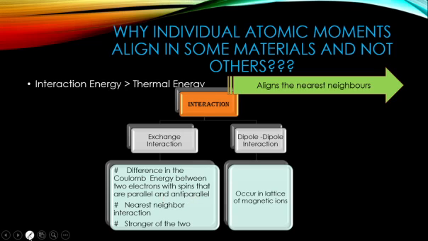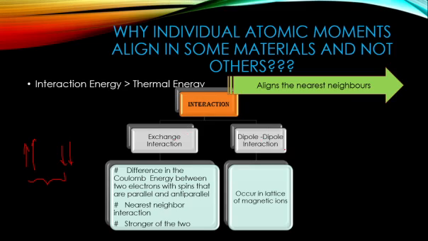So there are two possibilities for a quantum state: the electrons can be parallel or antiparallel. The energy difference between these two states contributes to the Coulomb energy, and this happens between nearest neighbors. It is the stronger of the two interactions.